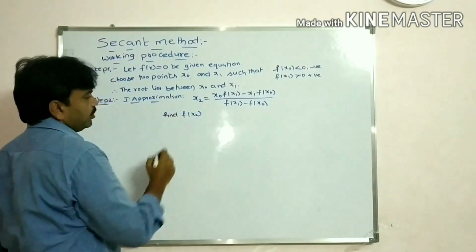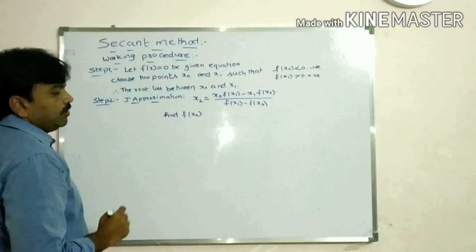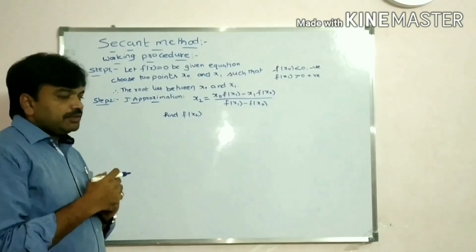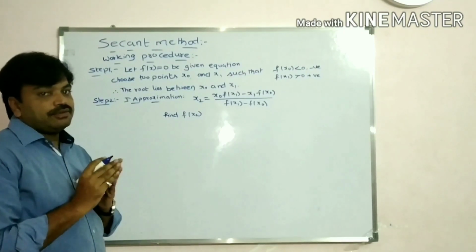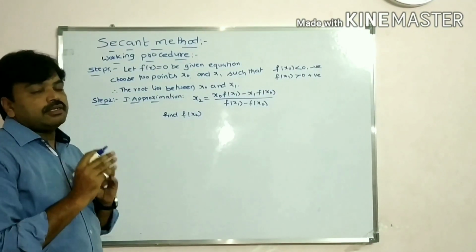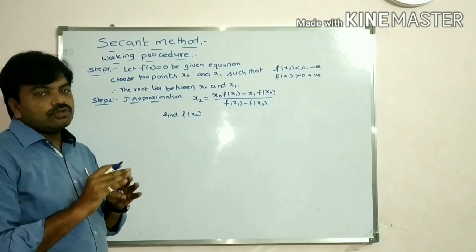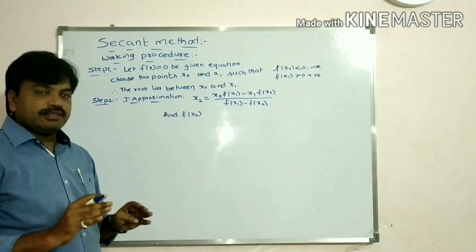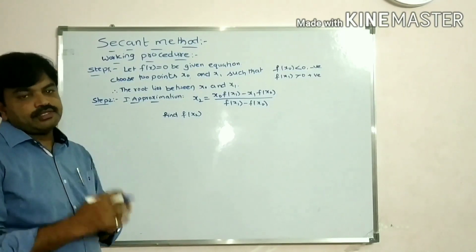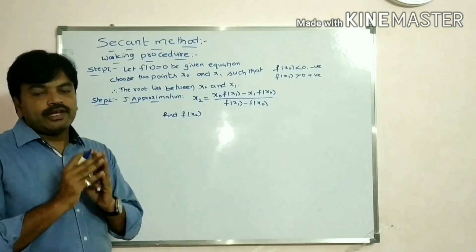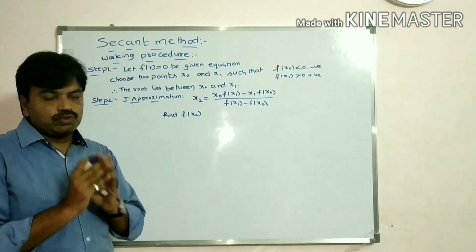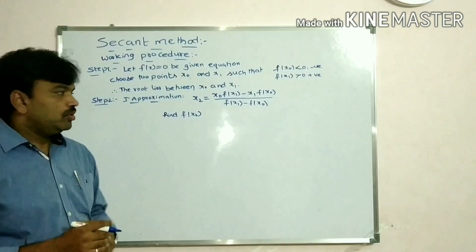In Newton-Raphson method, we observe the sign there. But here, there is no need to observe the sign. That is the difference, students. You just find the value of f of x2.